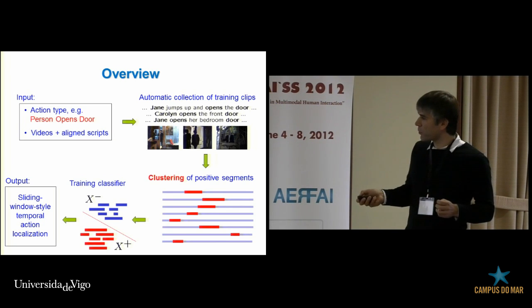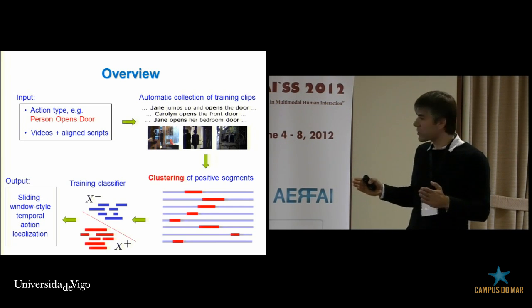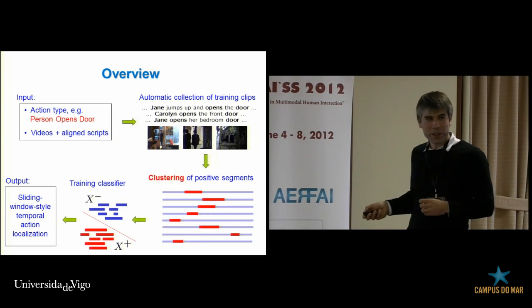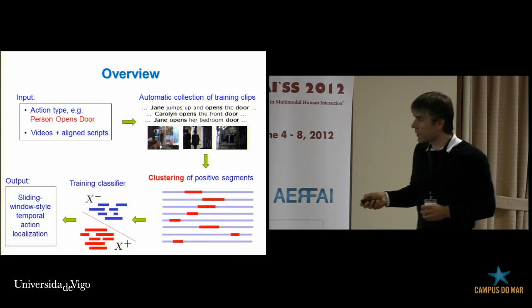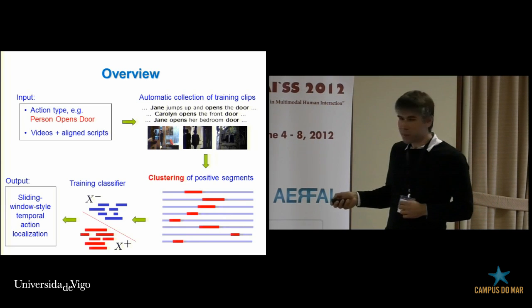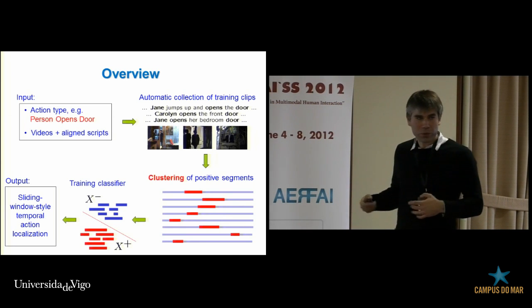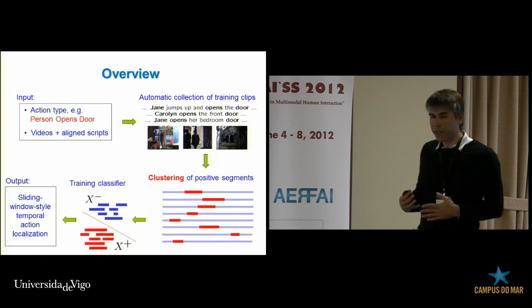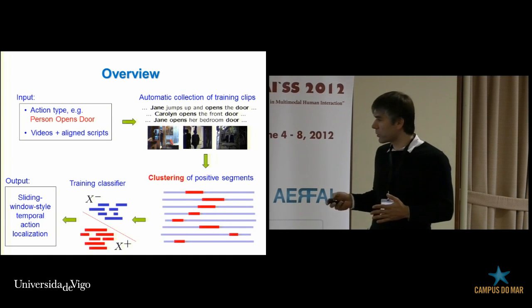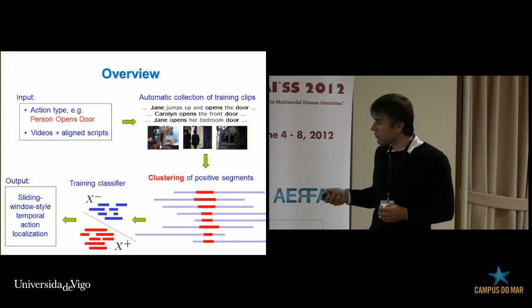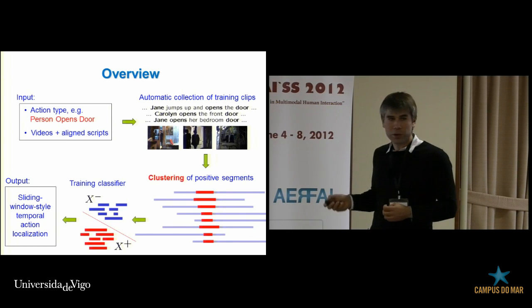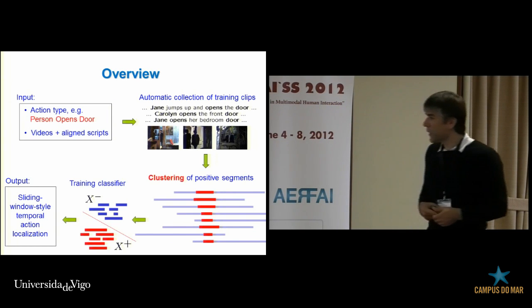These are the temporal extents of the clips which we get, and we know that the open door action is somewhere inside there, but we don't know where it is. All the blue is potential noise, which we would like to remove. So at training time, we would like to cluster together all the actions and remove all the noise. This is the motivation.